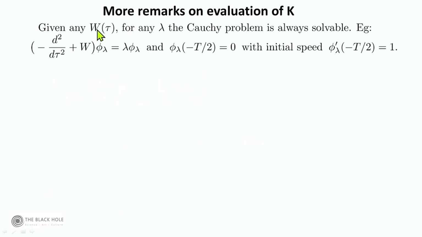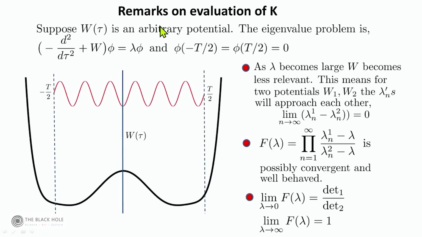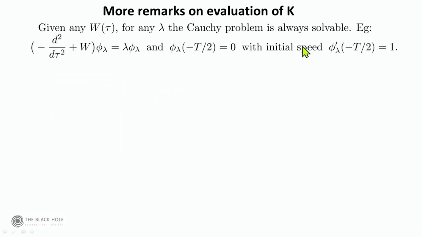given any potential, and for any lambda, of course, it'll be fixed by these boundary values, but this is the eigenvalue problem. The Cauchy problem is different from this. The Cauchy problem is that you want to solve this with some initial conditions.